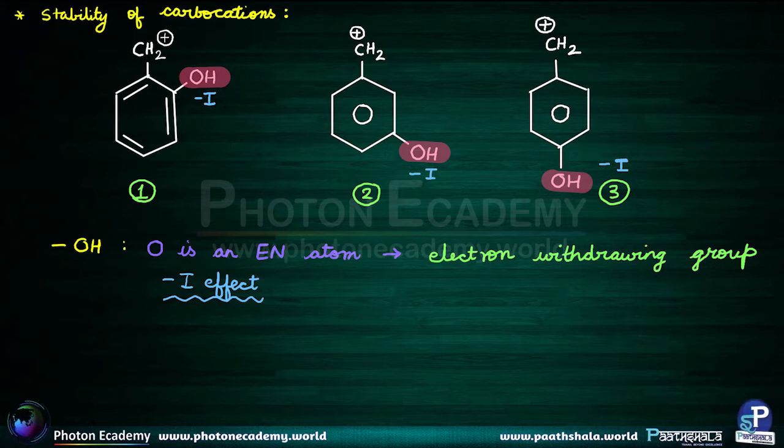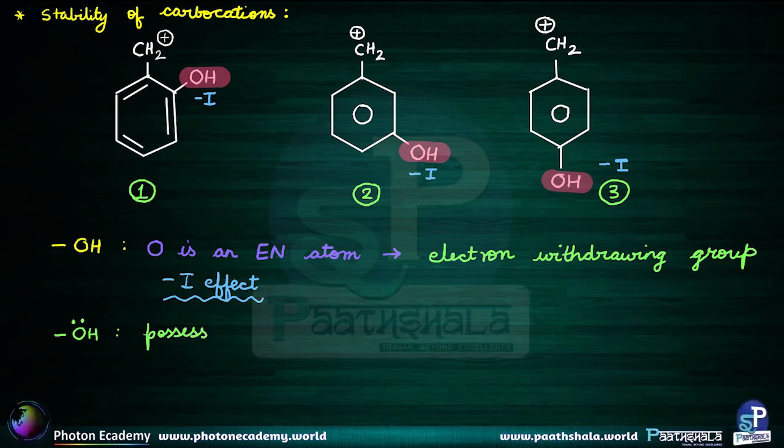Now OH group, again, we know that OH has a lone pair of electrons. So it possesses a lone pair of electrons.